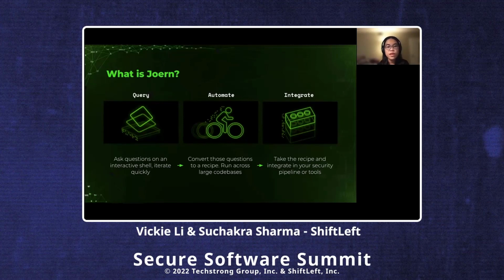And then finally, you can take those recipes to run again and again in your security pipeline or tools. So it's kind of like writing shell script to automate tasks. Joern actually allows you to write queries that detect specific behaviors in code and then convert that into a script to scan across all of your code bases.